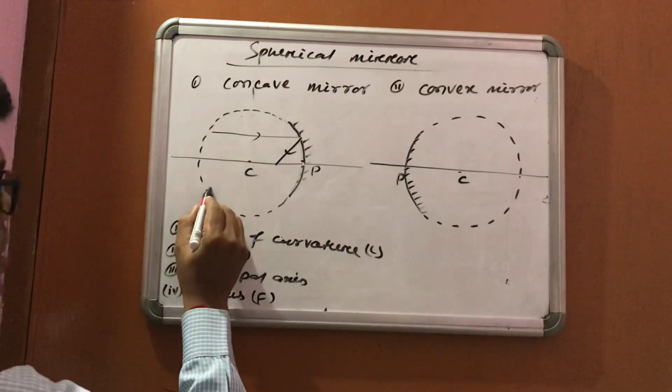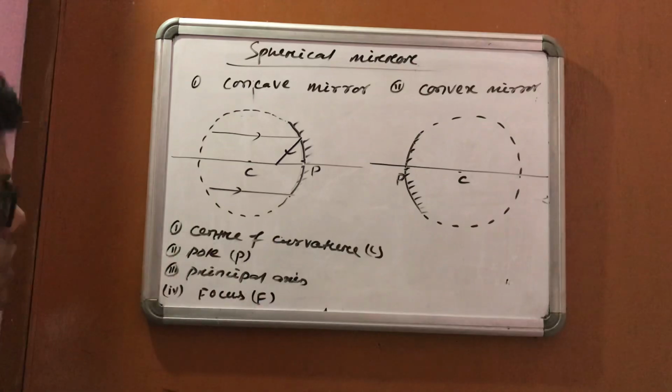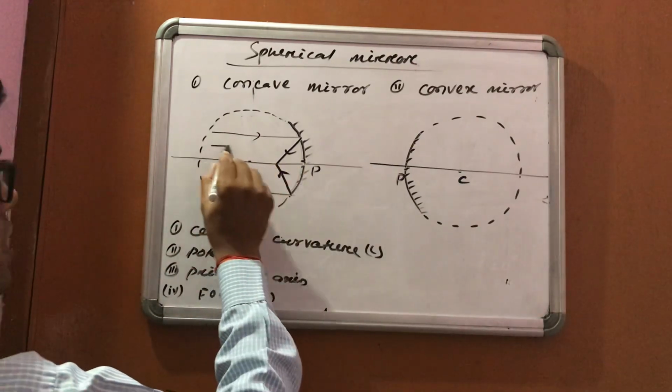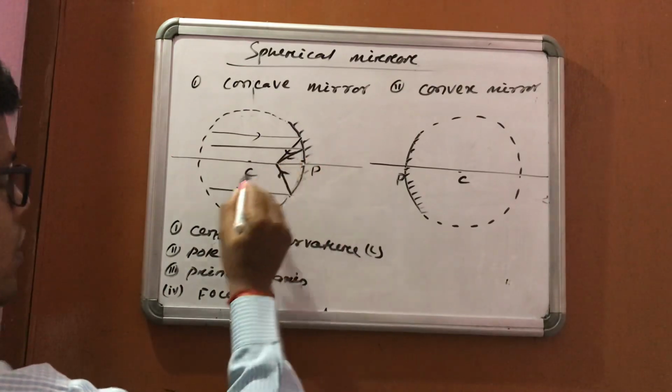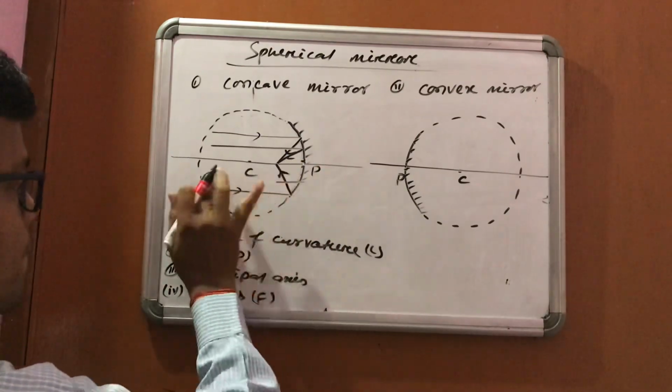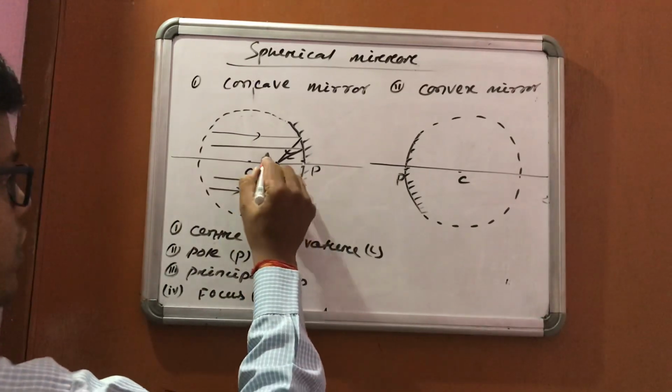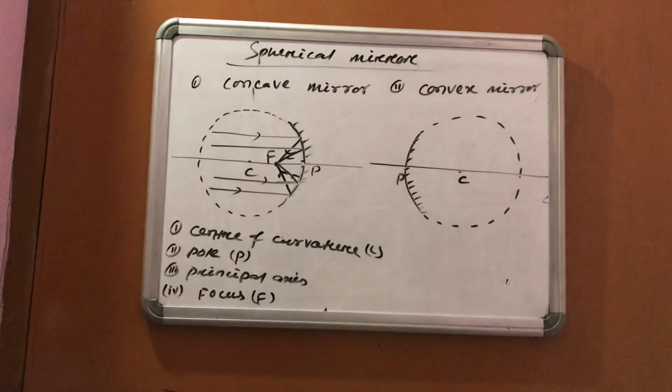Let us take another light ray parallel to the principal axis. They all meet at a point, and this point is known as the focus.